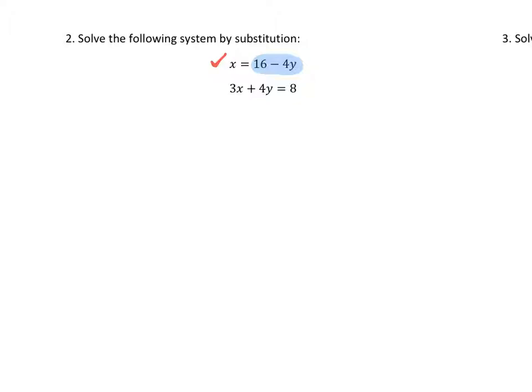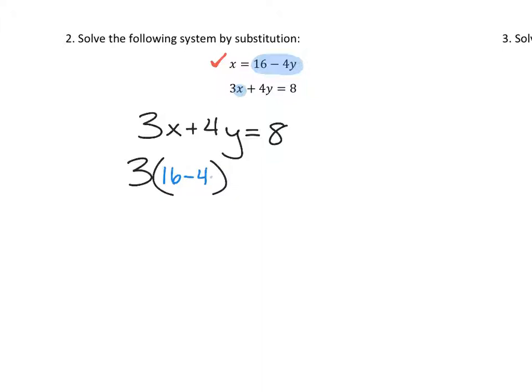So instead of the equation being 3x plus 4y equal to 8, it's actually going to be 3 parentheses 16 minus 4y plus 4y equal to 8. That's the substitute step. I've replaced the x with the value of x, which is this expression.